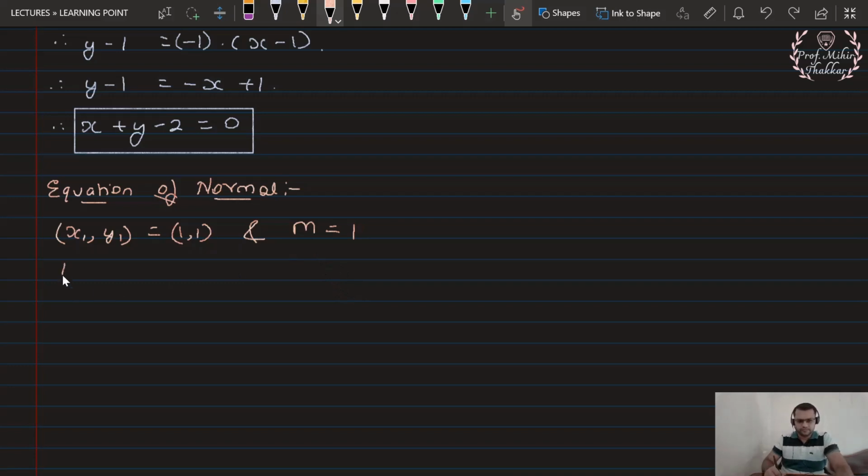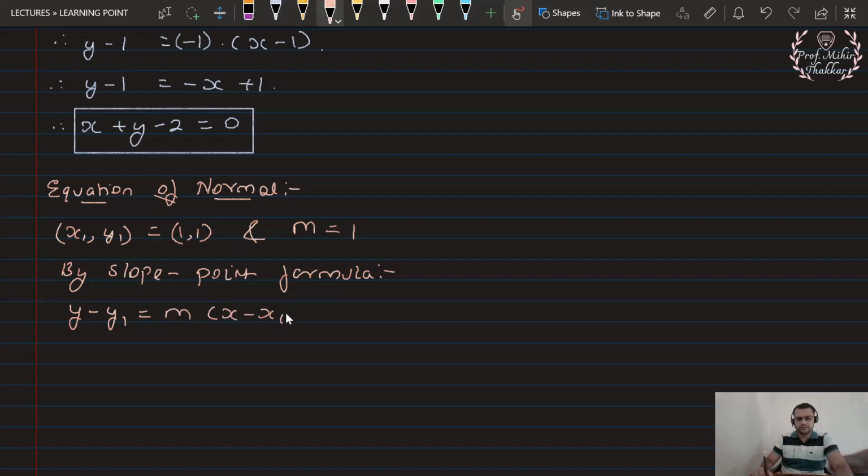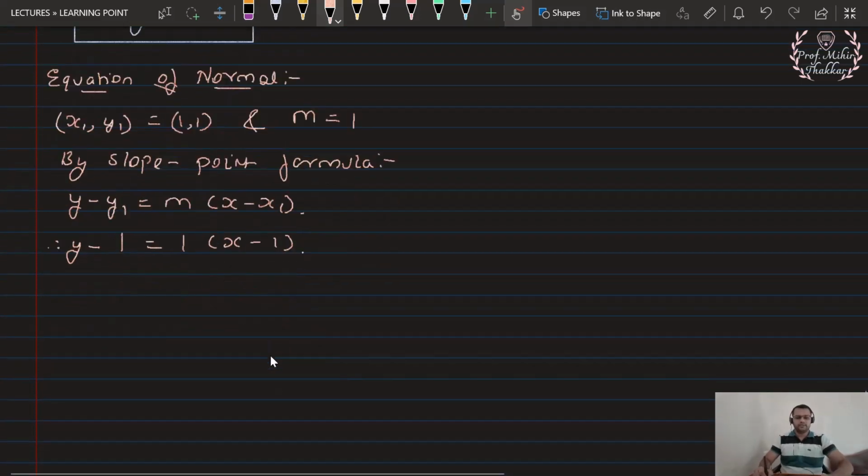Therefore, slope point formula, y minus y1 is equal to m into x minus x1, and therefore y minus 1 is equal to 1 into x minus 1.